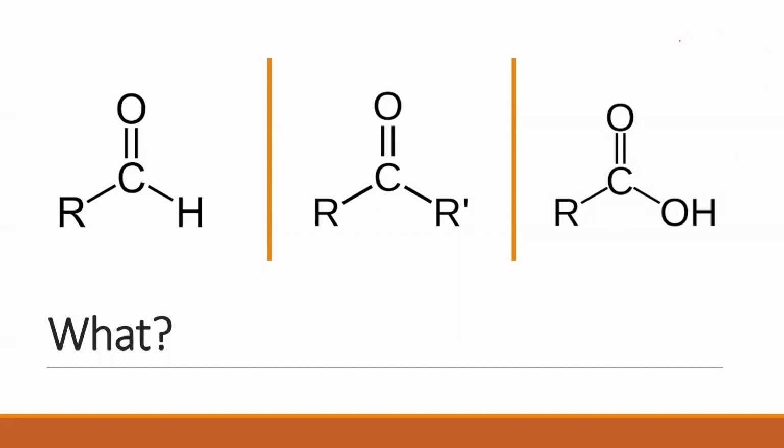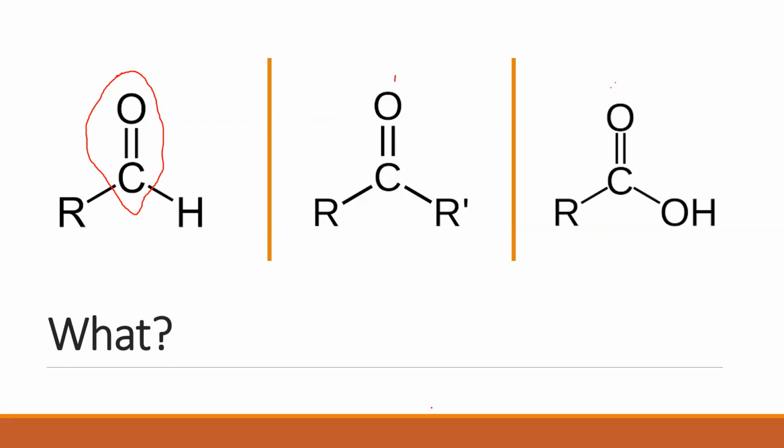Yes, what is similar is this group, the C double bond O group. This group is similar across all the three sets of compounds that are given to us. All three have a C double bond O group, which is nothing but our carbonyl group that we were talking about.